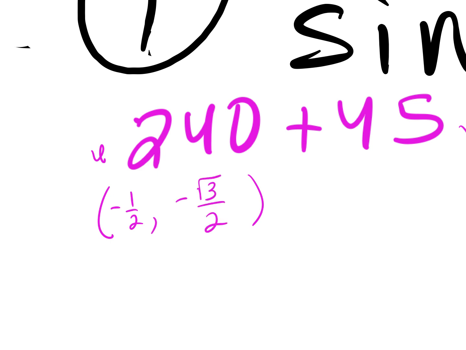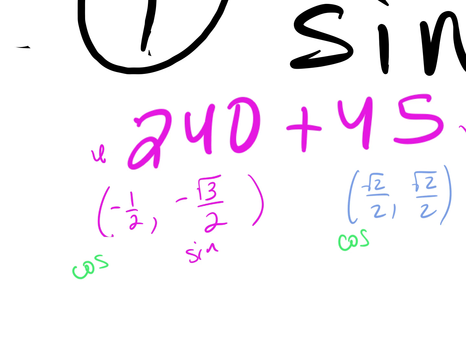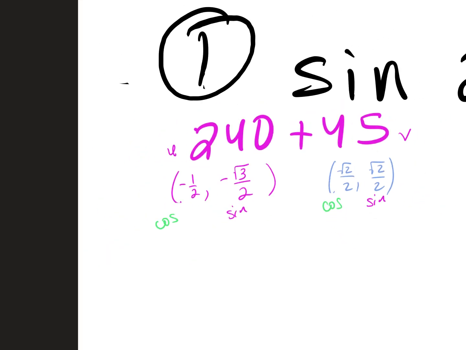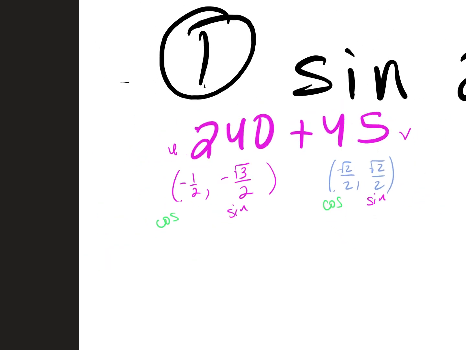Okay, what is the ordered pair at 45? Root 2 over 2? Okay, tell yourself the first is my cosine, the second is my sine, right?